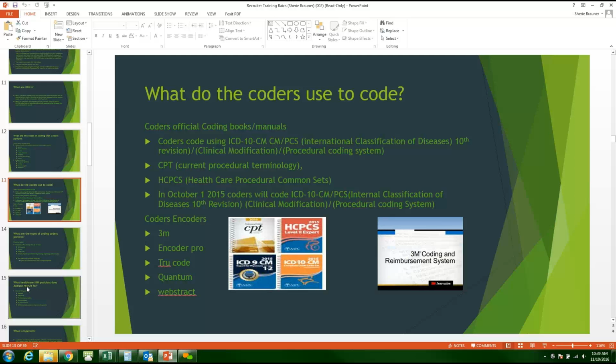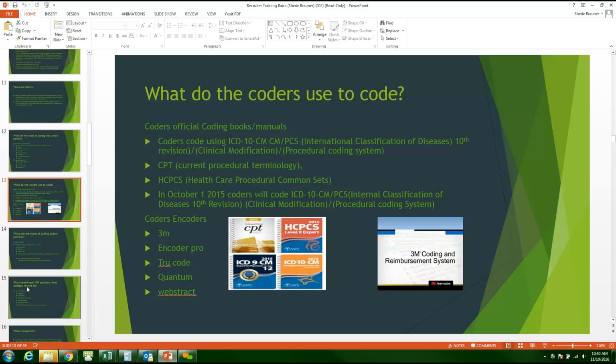Coders code using ICD-10-CM and PCS, International Classification of Disease 10th Revision Clinical Modification and Procedure Coding System. CPT books, Current Procedural Terminology, and HCPCS books, Healthcare Common Procedure Coding System.